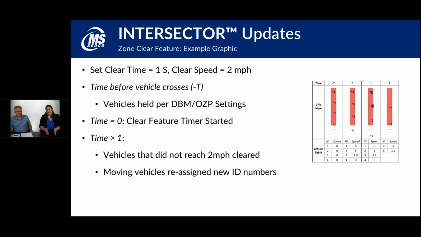And then after that amount of time, as you can see in column 1, at time equals 1, the back two cars did not, vehicle number 3 did not exceed the 2 miles an hour, vehicle 4 didn't move at all, and so it cleared those vehicles. Any vehicle that is continuing to actually move will be reassigned a new number, and it'll continue tracking it as it's used to. Anything like Scott said where it was a ghost will get cleared, and you don't have to worry about it.